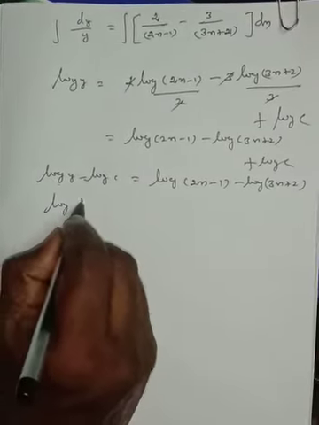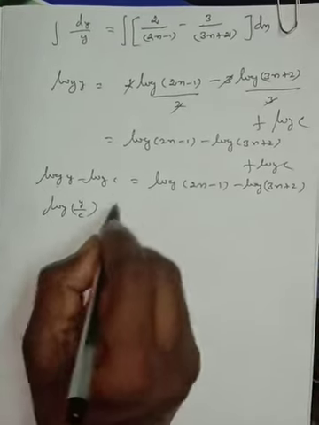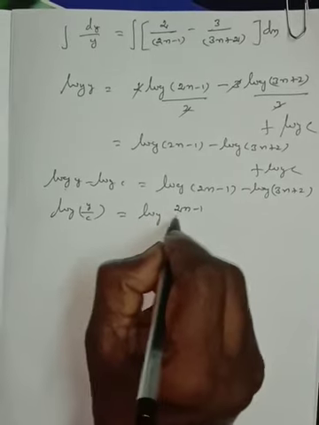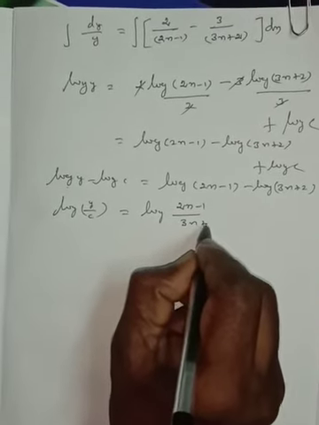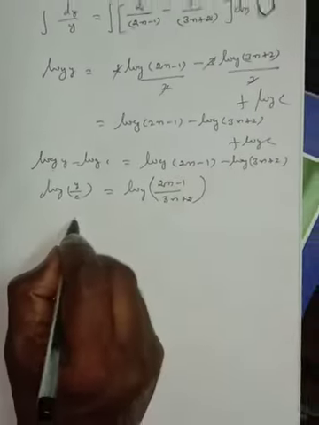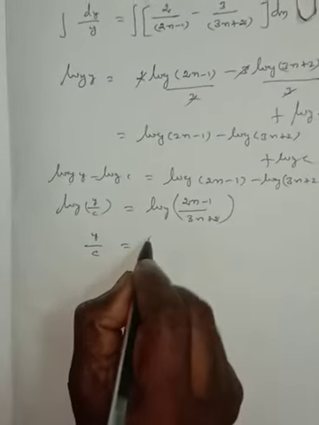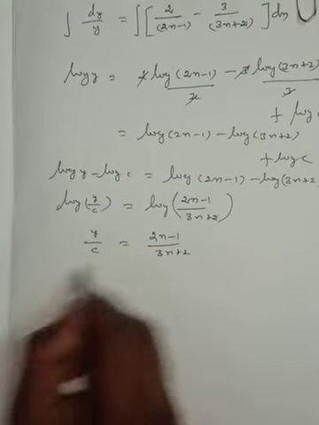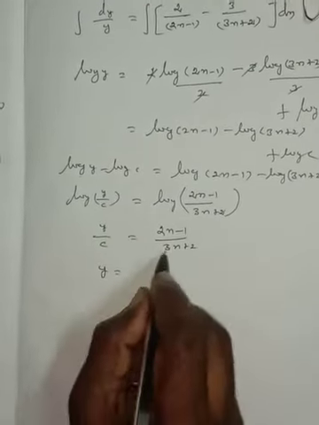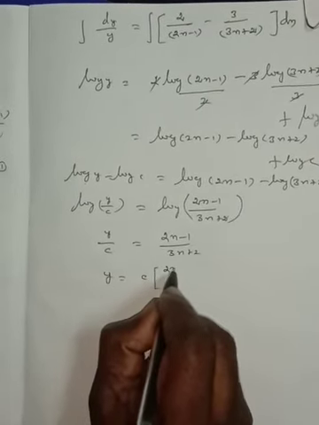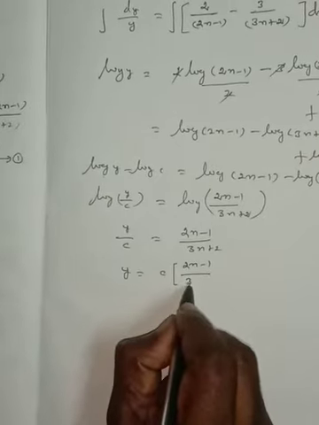So log y by c is equal to log of (2x minus 1) divided by (3x plus 2). Taking antilog on both sides, we have y by c is equal to (2x minus 1) divided by (3x plus 2). Cross multiplying, we have y is equal to c into (2x minus 1) divided by (3x plus 2).